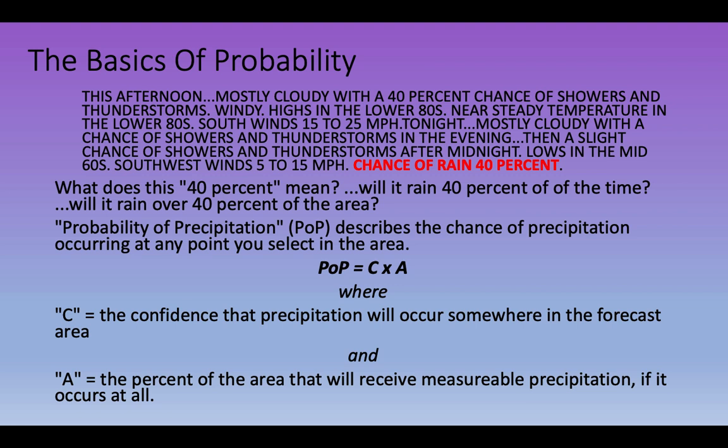One, the confidence that precipitation will occur somewhere in the forecasted area, so somewhere in the spatial area. So how confident are you there? And two, the percentage of the area that will receive measurable precipitation. So it's a factor of these two things that is where we actually get this 40% number. So that's what we talk about when we talk about that percent of the area. It's actually a probability estimate. So it's something you see every day.